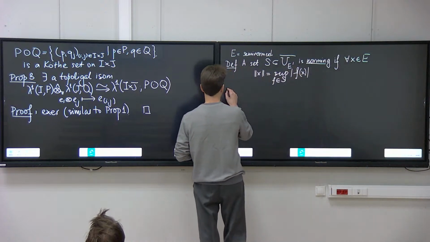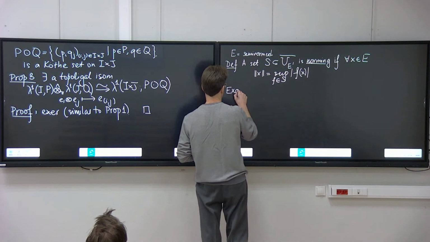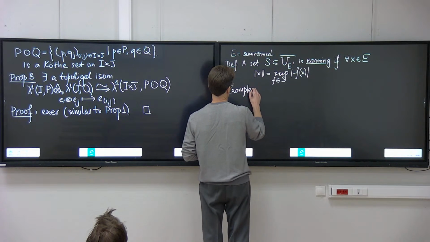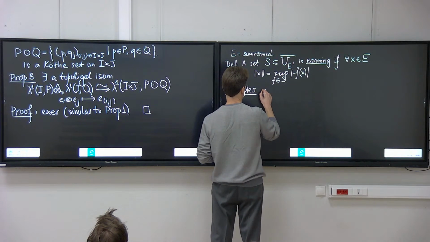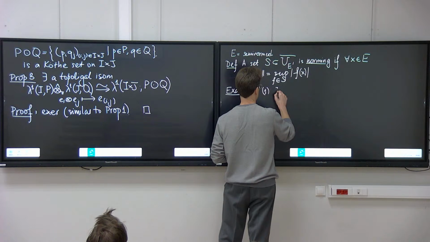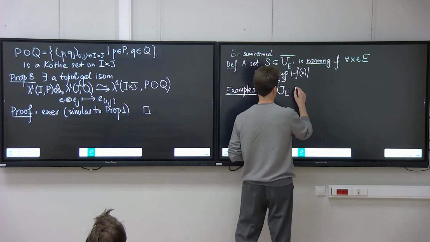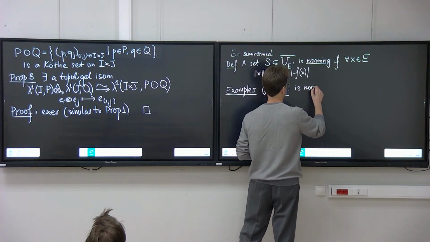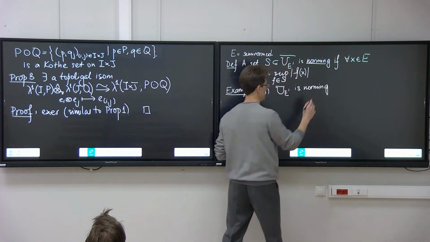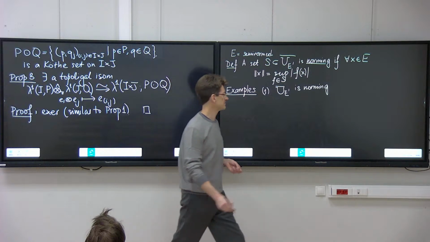Let's look at some concrete examples of norming sets. Of course, the first obvious example is the unit ball itself. This is a norming set, which is immediate from the Hahn-Banach theorem.